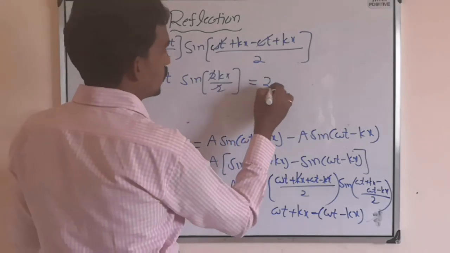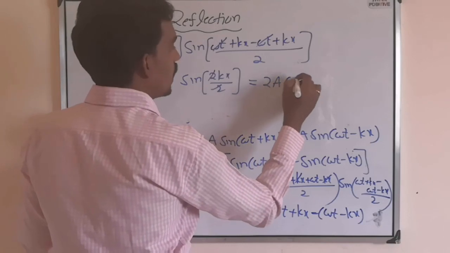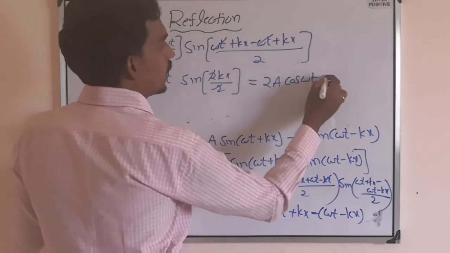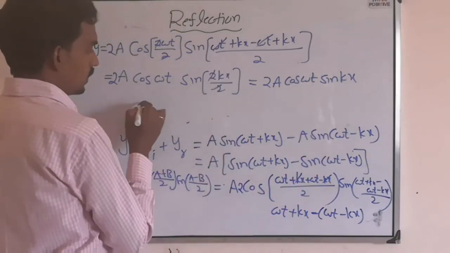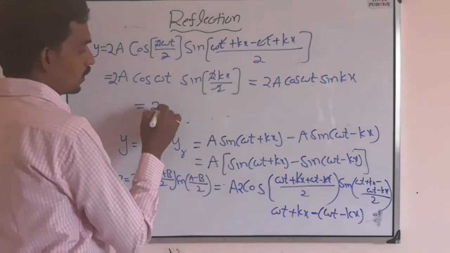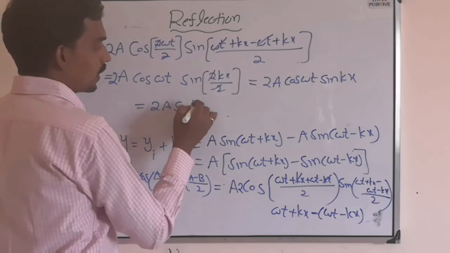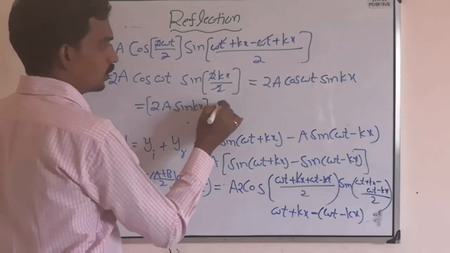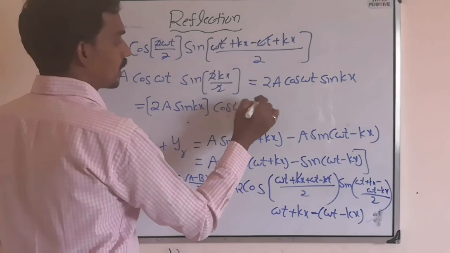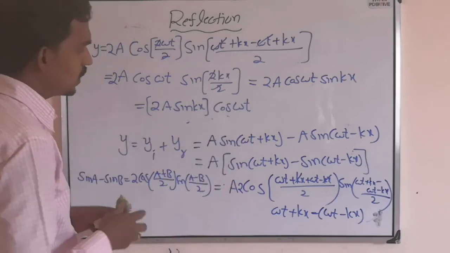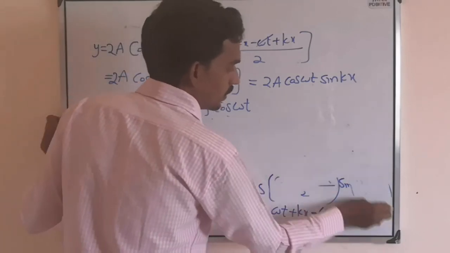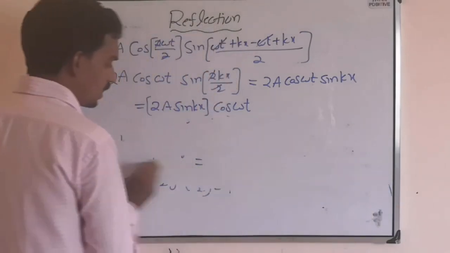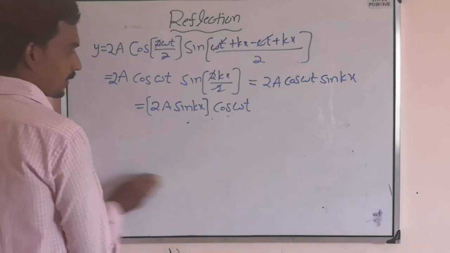That means if you write 2A sin kx into cos omega t, this is the equation of standing wave.